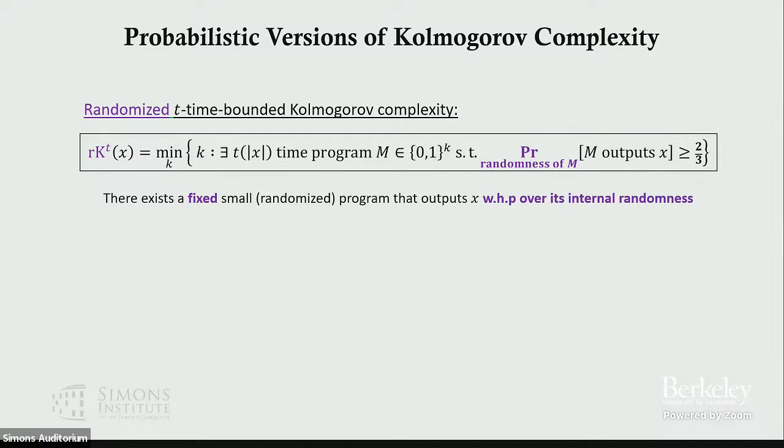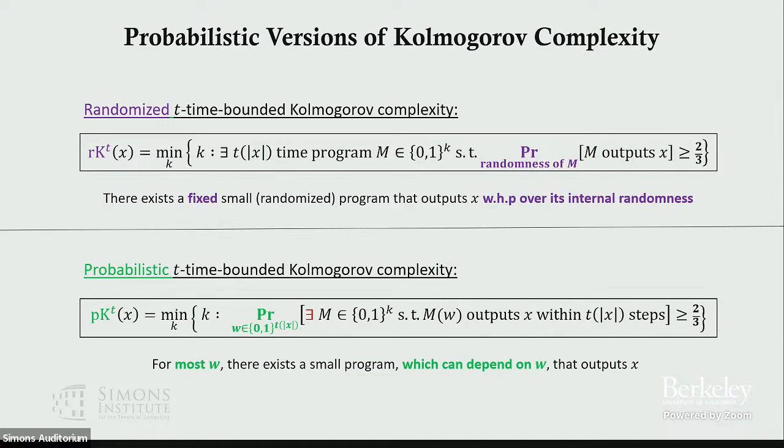And here, the rKT complexity of a string is the minimum length of a randomized program that prints the string with probability at least 2/3. So there's a fixed randomized program that outputs the string with high probability over its internal randomness. So this is rKT.